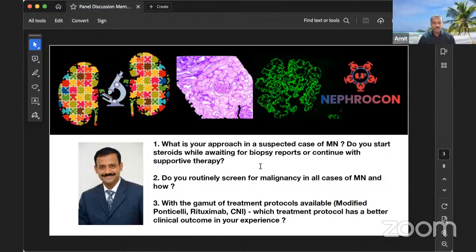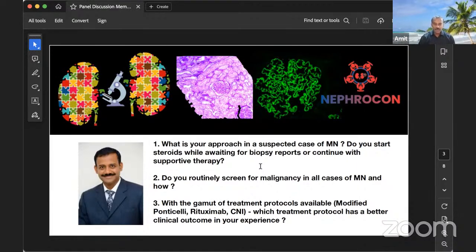The approach for membranous nephropathy is probably the same that I have for any other GN with nephrotic range proteinuria. I would obviously send the GN markers, and make sure whether they are PLA2R positive or negative. If they're positive, I would look at the clinical scenario of this patient and the biopsy findings.